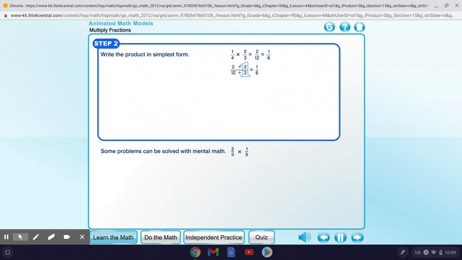Some problems can be solved with mental math. For example, 2/3 times 1/5. Think. 2 times 1 equals 2. And 3 times 5 equals 15. So 2/3 times 1/5 equals 2/15.